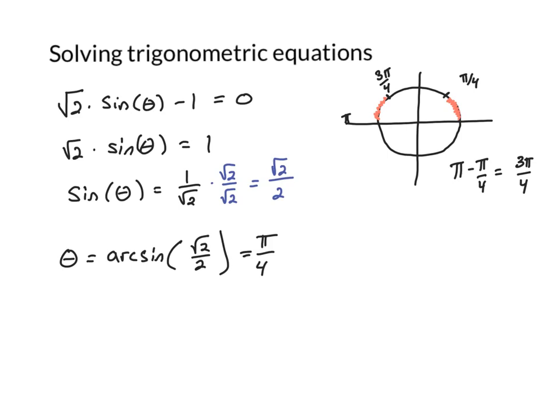The way that we do that is we say that we have solutions of a particular form. The solutions to this have the form pi over 4 plus any possible rotation around the circle by 2 pi.